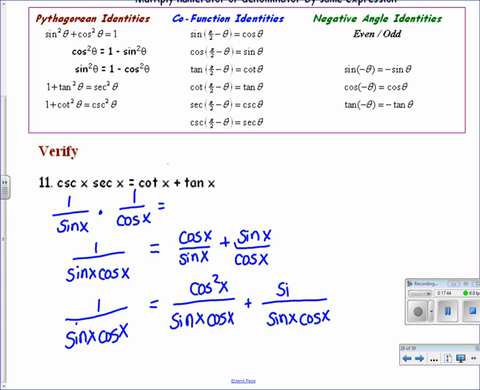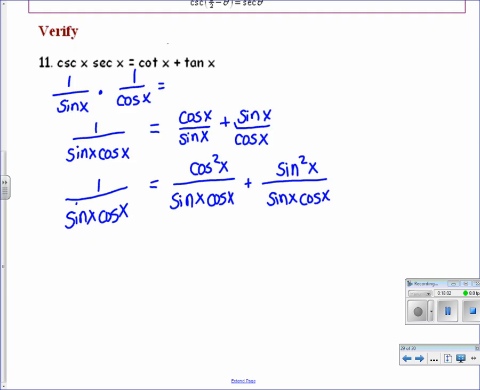Otherwise, these are not going to be equivalent fractions. That's why we're doing this. Because if I want a common denominator and I want sine cosine, I'm putting an extra sine in the bottom, so I have to put an extra sine on the top. But there is already one sine on the top, so there's 2 of them. Okay, now, are we okay, or did I lose anybody on that step? Because that's common denominator stuff.